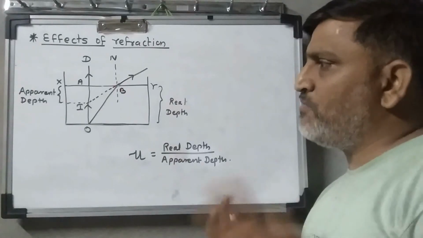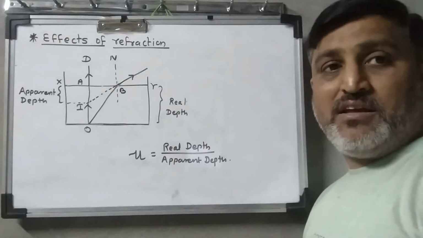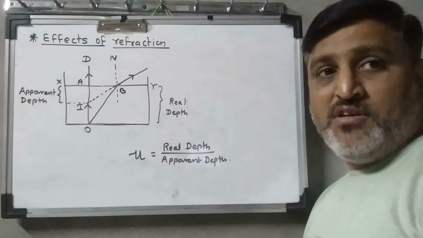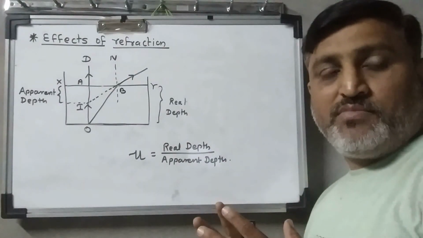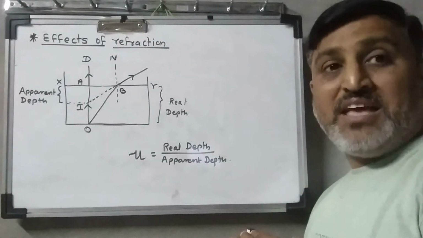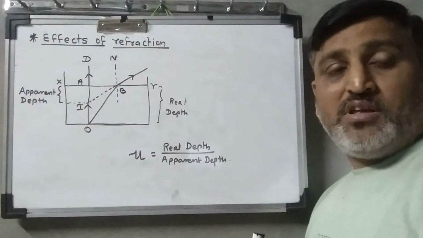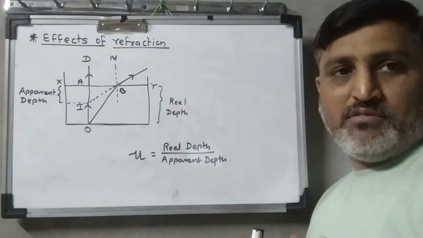That is nothing but the effect of refraction. The actual depth of the water is seen as an apparent depth. We see the depth of the water in the container lesser than the actual one.